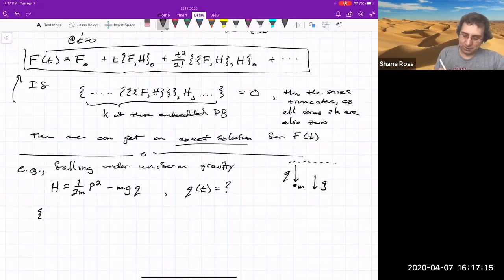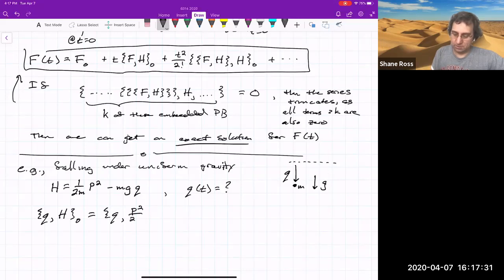So let's first calculate the Poisson bracket of q with h at time 0. So q with h at time 0 is the Poisson bracket of q with p squared over 2m. And I can already tell you that's the Poisson bracket with the kinetic energy term. With the potential energy term, you could already pull out these constants, mg, and then it's q with q.